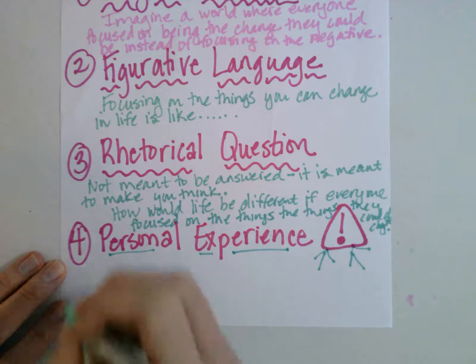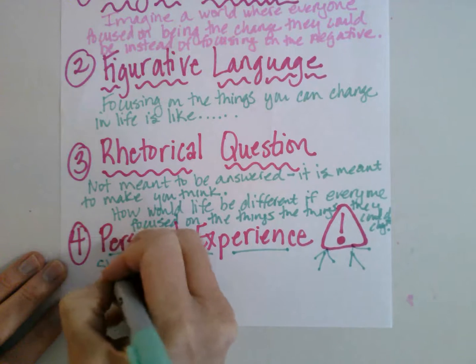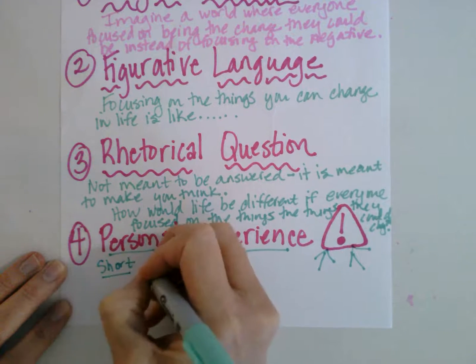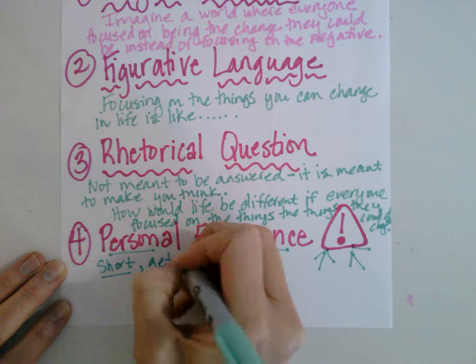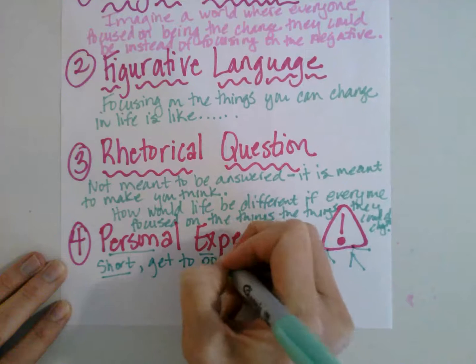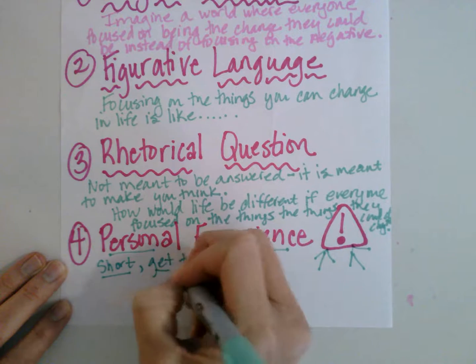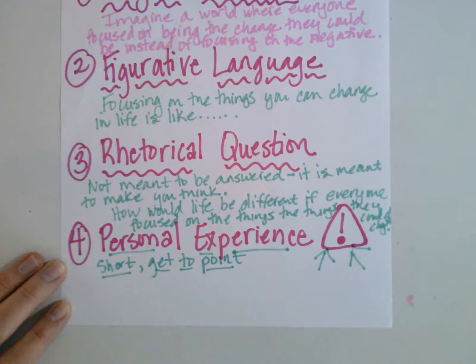However, you have to be careful that you keep them very short and that you get to the point, because your introduction is not the main part of your essay. The introduction is actually a very short part of your essay. The meat of your essay is the body paragraphs. So if you're going to use a personal experience for your hook, you need to keep it short and you need to get to the point.